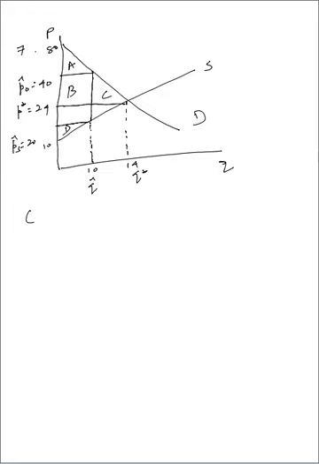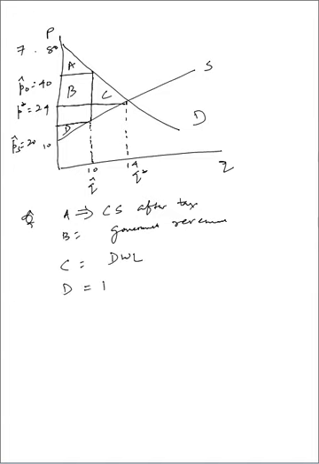A is showing the change in consumer surplus after tax. B is government revenue. Then C is deadweight loss. D is producer surplus after tax. Okay, is it clear?